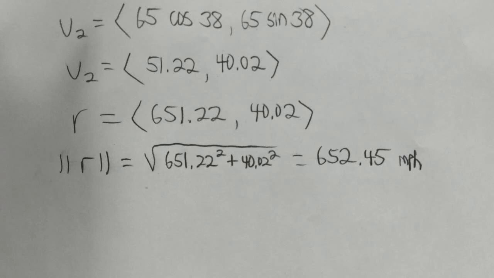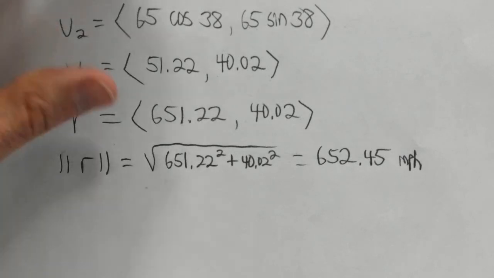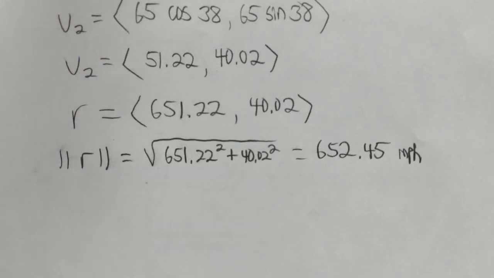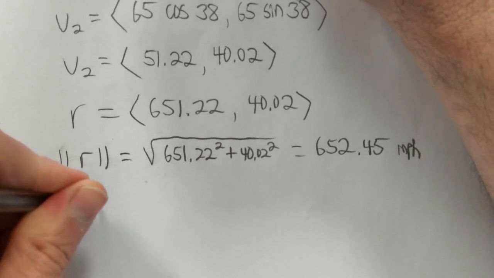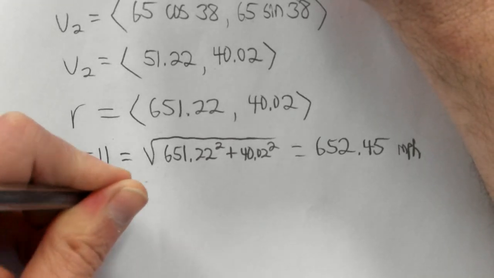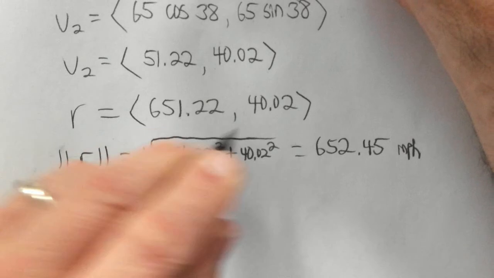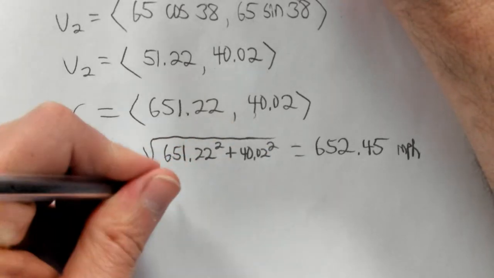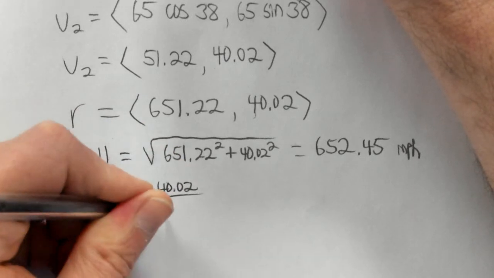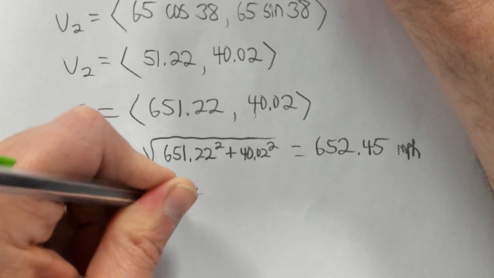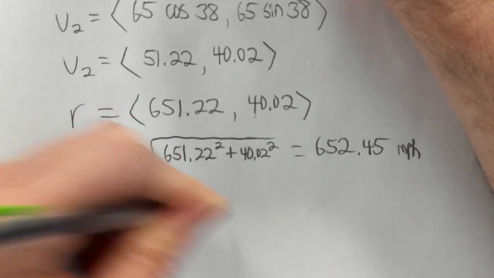Okay, we have something else we have to answer, though. We want the angle also of the airplane's flight. It's not going to be going due east anymore because the wind is going to knock it off a little bit. How much? We can figure that out by going tangent of the angle is equal to B over A. What's the B? 40.02. And what's the A? 651.22.